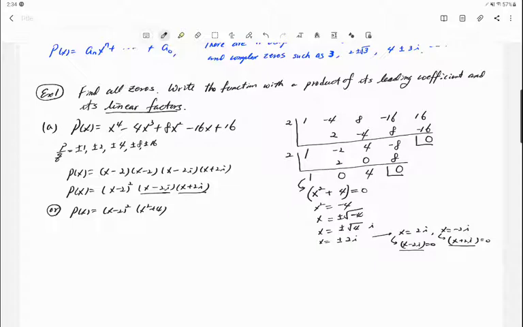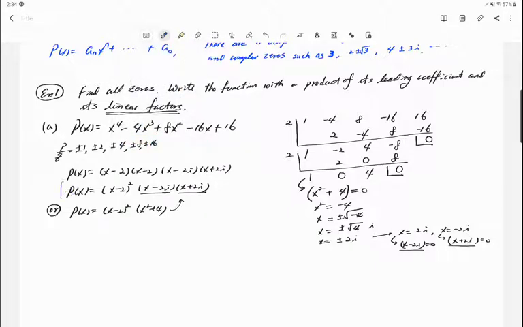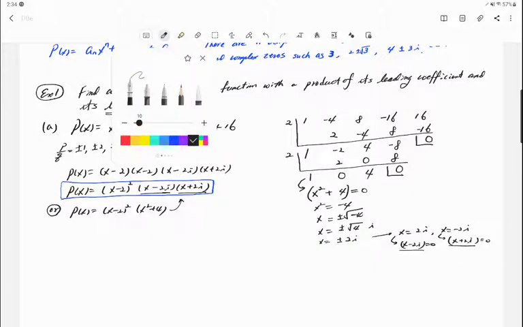But we were asked to write the polynomial as a product of linear factors like this. Make sense? Okay, then let's try letter B.